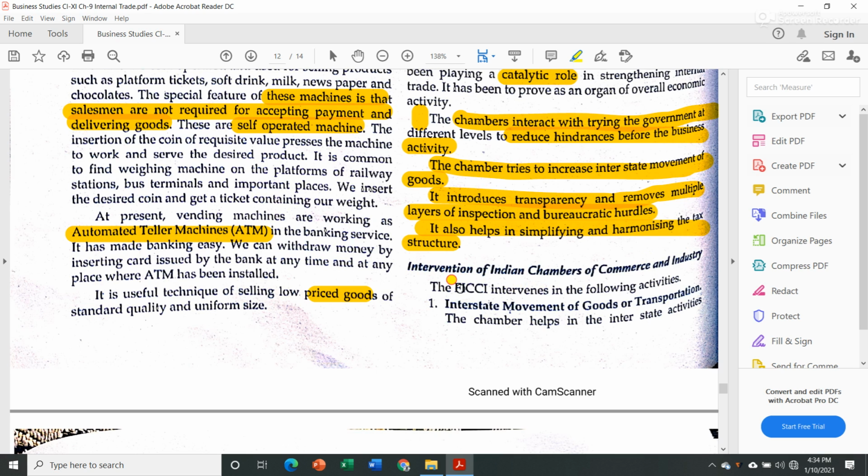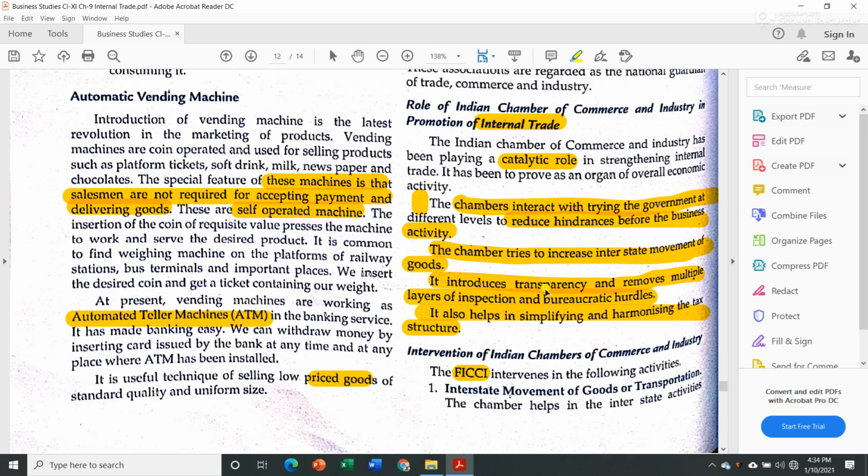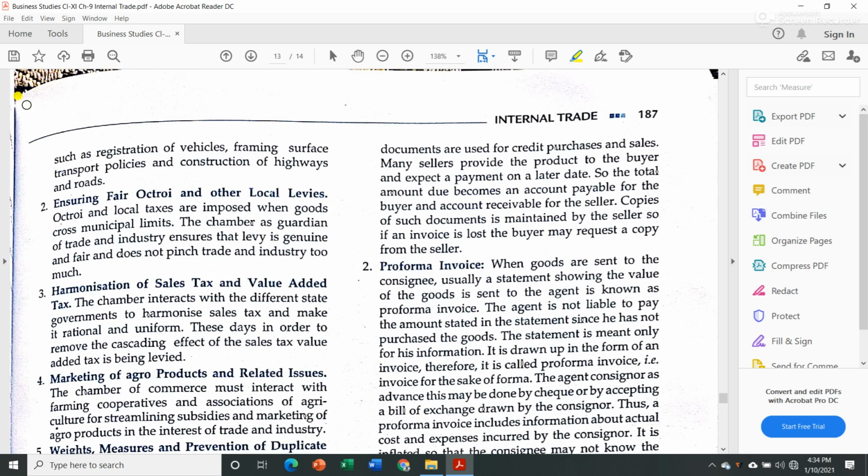Now the Federation of Indian Chambers of Commerce and Industry intervenes in the following, means they meddle in the following activities. They intervene in the interstate movements of goods and transportation. The chamber helps in interstate activities such as registration of vehicles, framing surface transport policies, and construction of highways and roads.